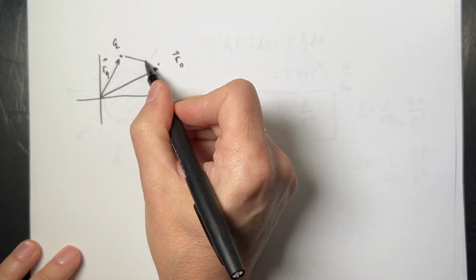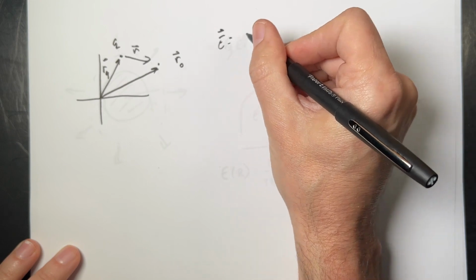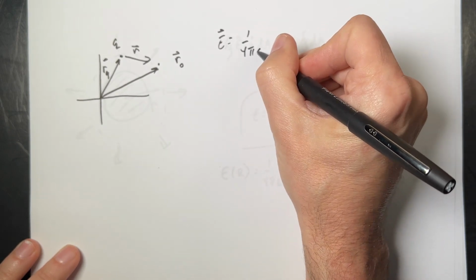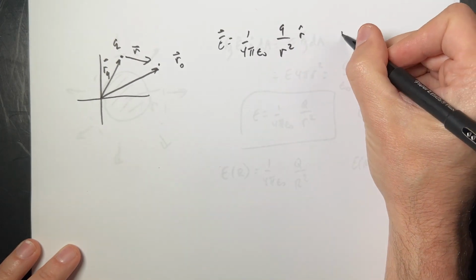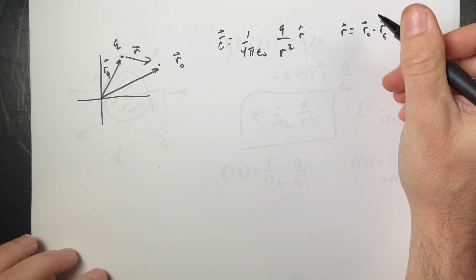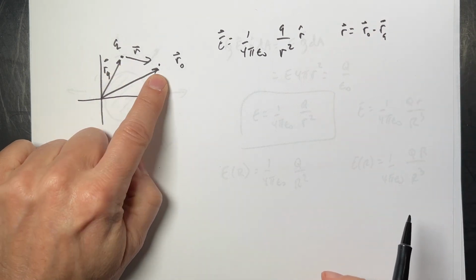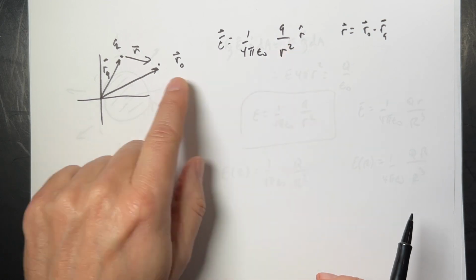I can find the vector r, and then the electric field is 1 over 4 pi epsilon naught Q over r squared r hat, where r is r_O minus r_Q. So this is the vector from the charge to the observation location, and r hat is a unit vector in that direction.